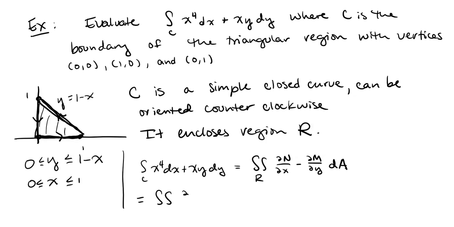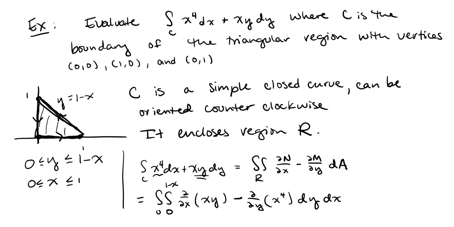The partial with respect to x of the N term, the second one, is the partial of xy, minus the partial with respect to y of the M term, the first one, which is x to the fourth. The way that we set up our bounds was dy first, where y went from 0 to 1 minus x, and then dx, where x went from 0 to 1.